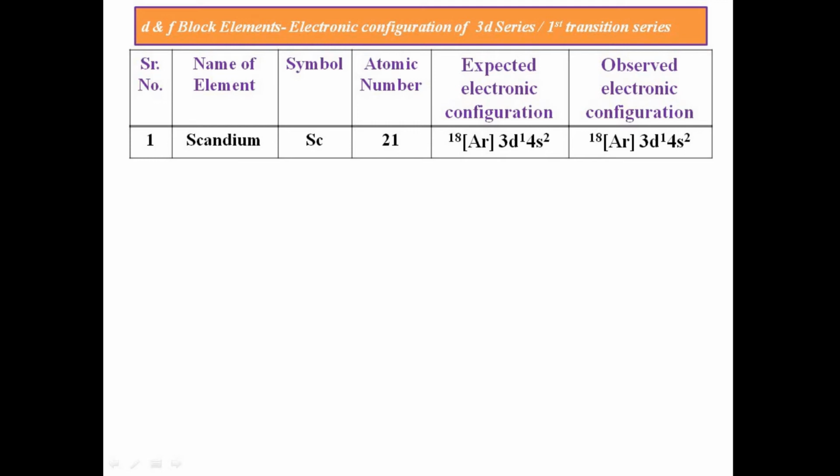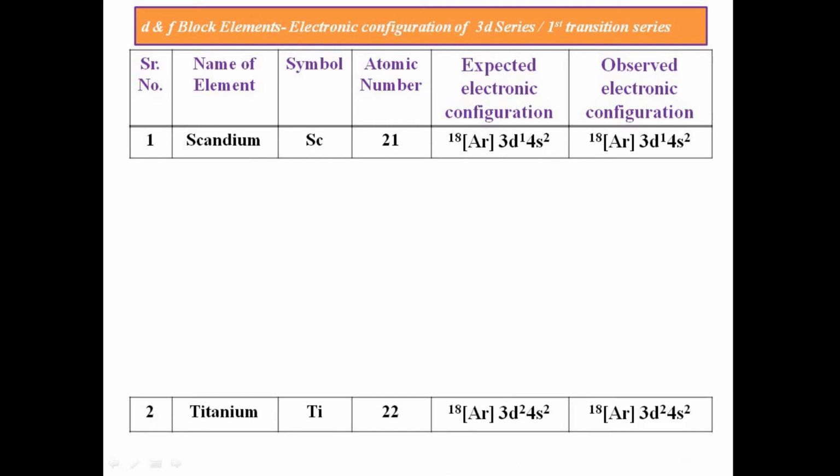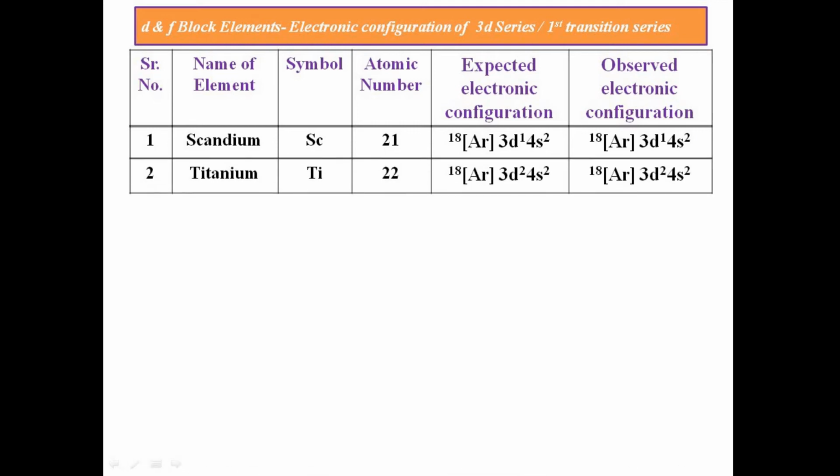Expected and observed electronic configurations are both the same in scandium. Then the second element, titanium, symbol Ti, atomic number 22, expected [Ar] 3d2 4s2, observed [Ar] 3d2 4s2.